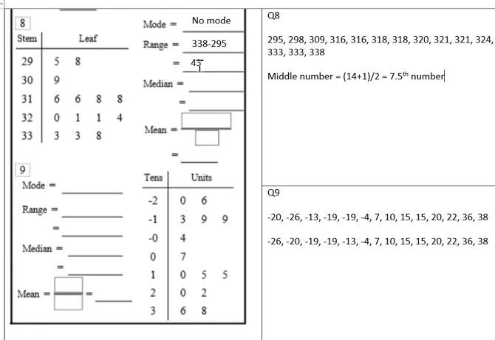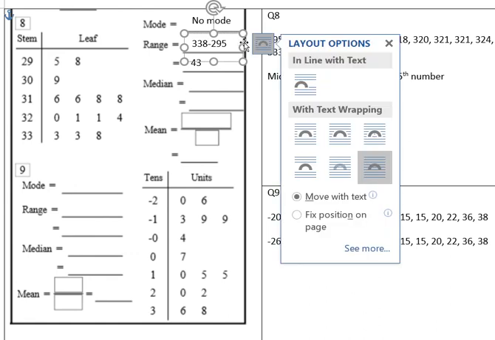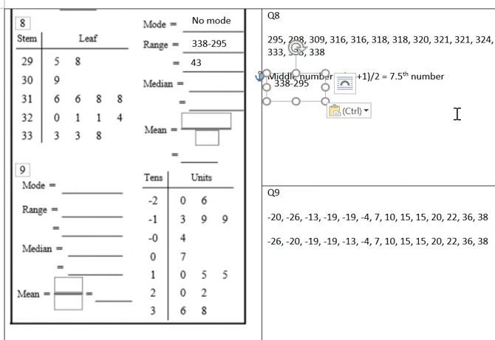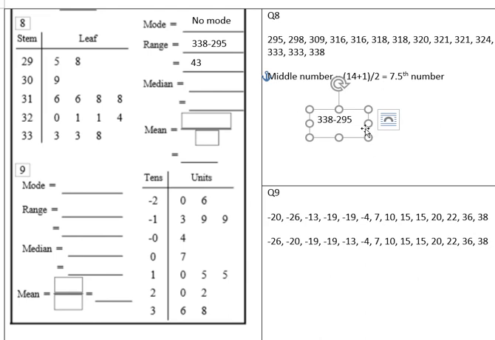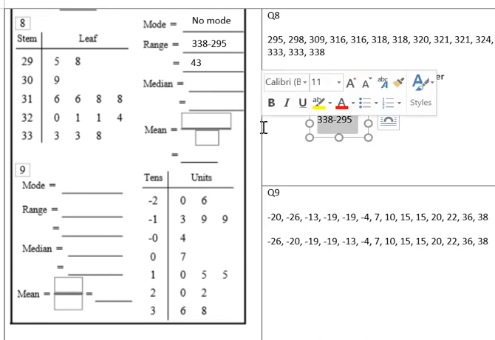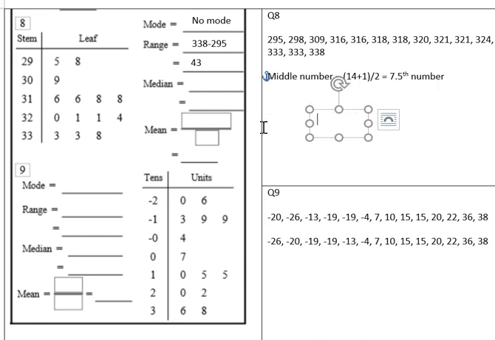So halfway between our seventh number, which is 318, and our eighth number, which is 320.